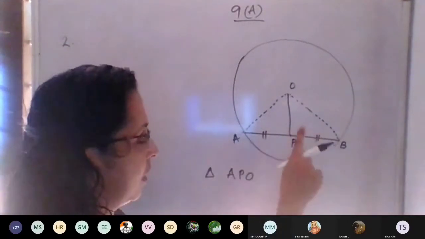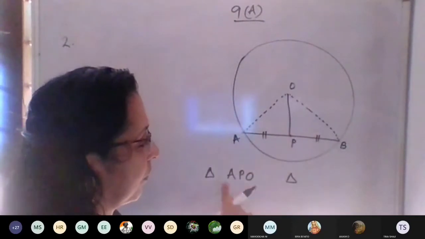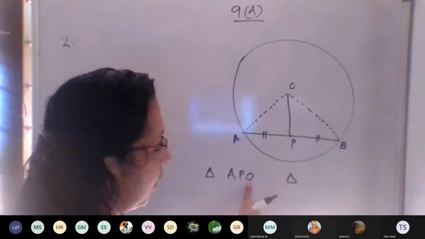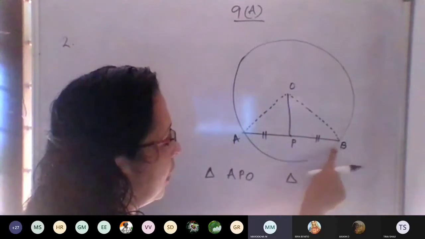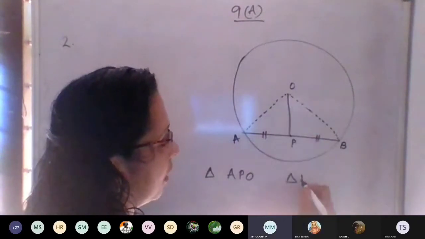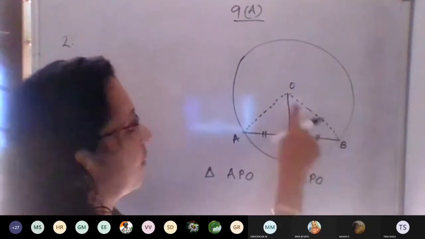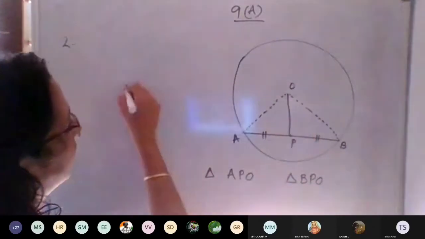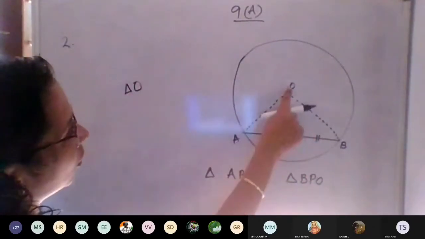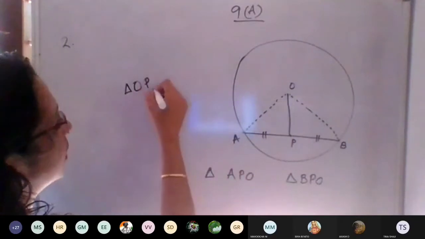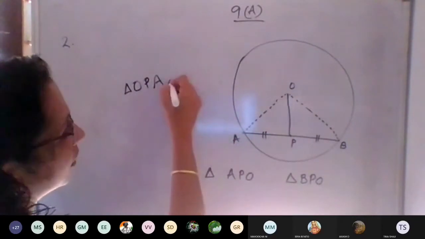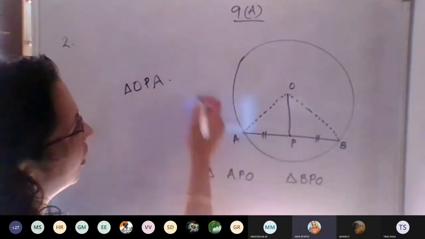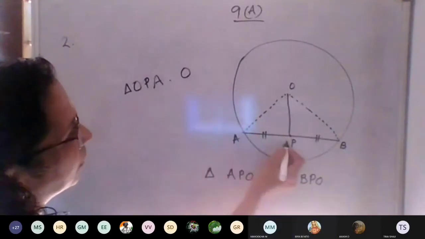So where do we have to start? If you are writing APO, you have to write BPO. Suppose if you are writing from O, that also you can write, triangle OPA. If you are writing OPA, we have to consider OPB.